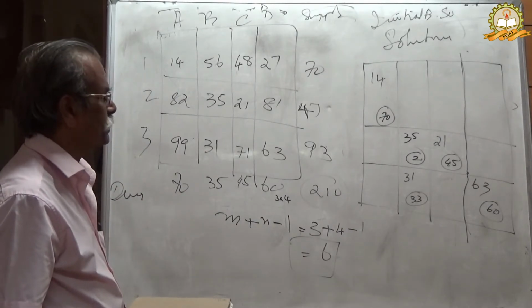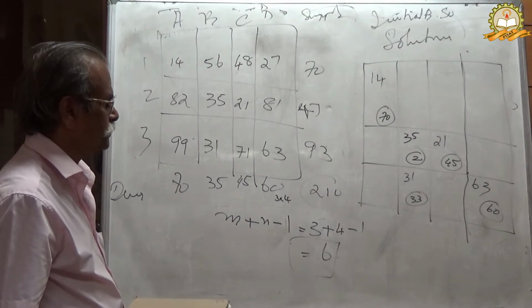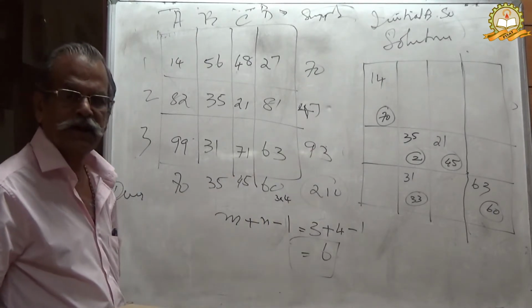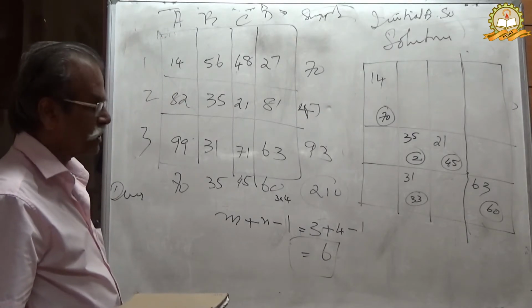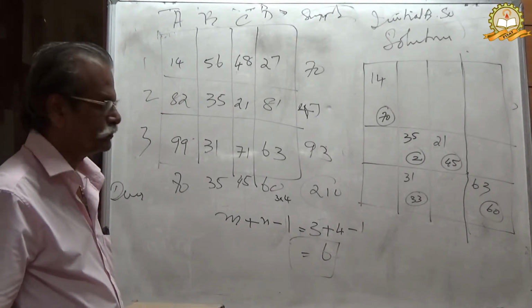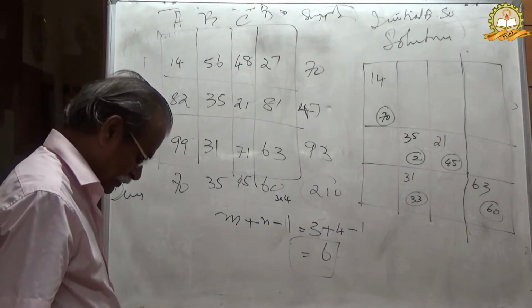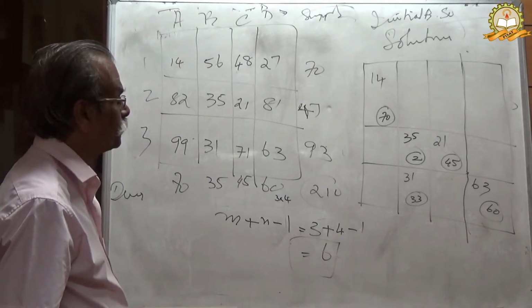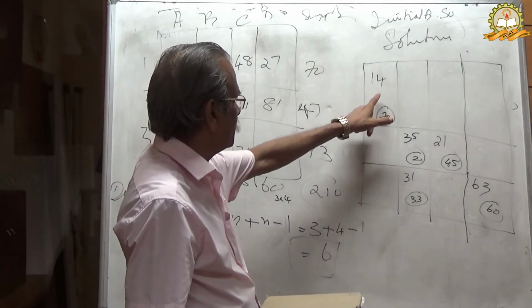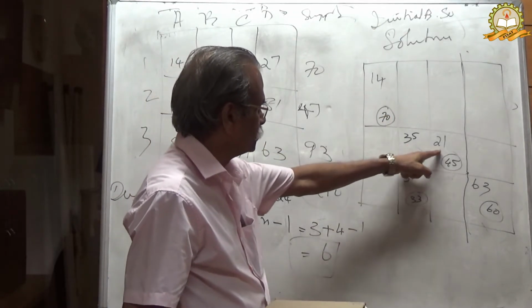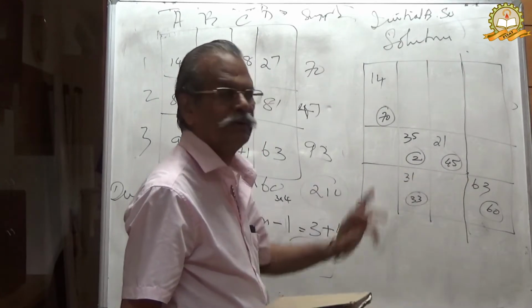Whereas the allocation we obtained is only, you can just count 1, 2, 3, 4, 5.